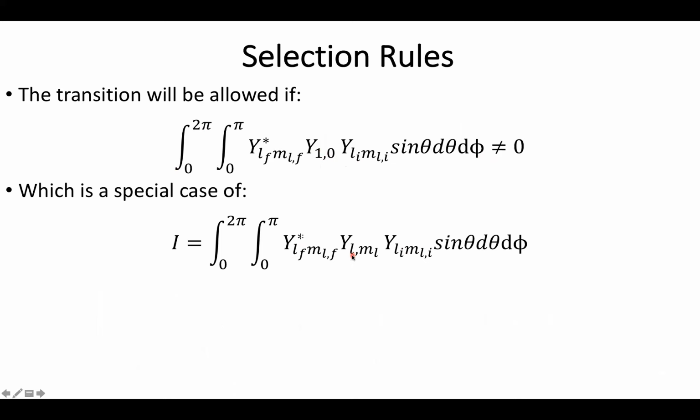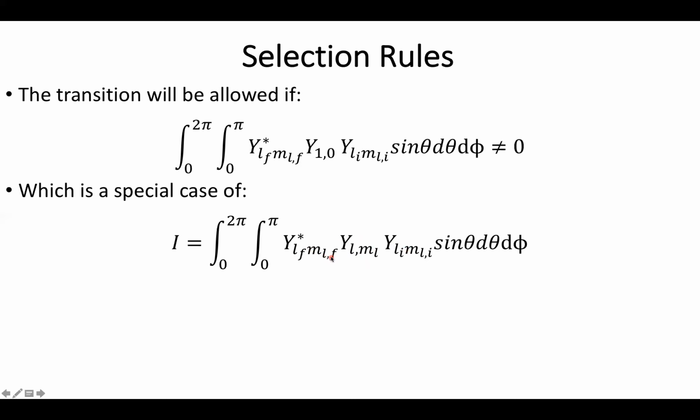One's going to be complex, the other two not. So it turns out that this has a nice special set of solutions. It's more or less when these two spherical harmonics added together will be the same as the product.